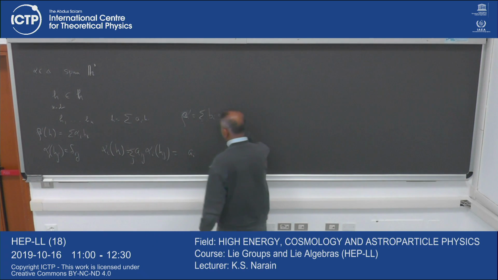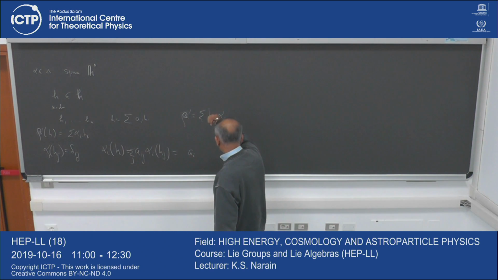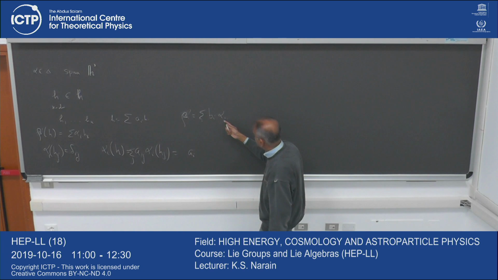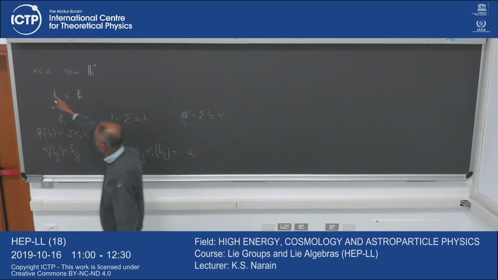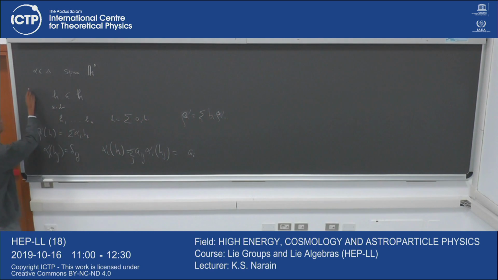So just to take a simple example, let's say some beta_n is missing. Some element is missing here. Say this spans only an n minus 1 dimensional space.